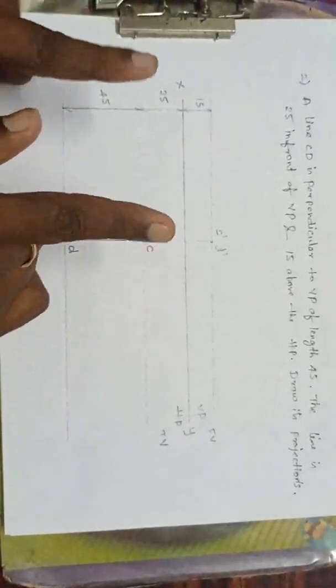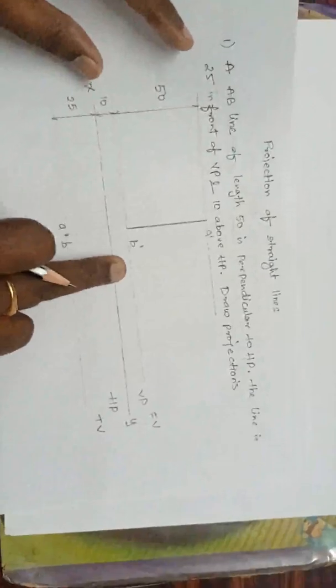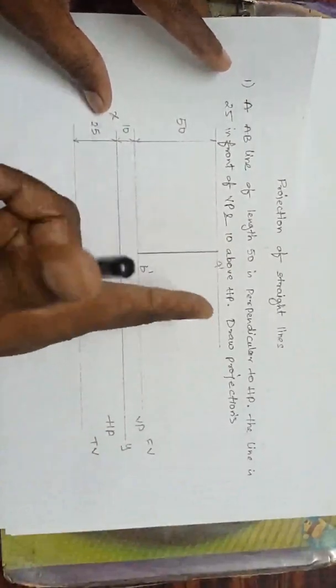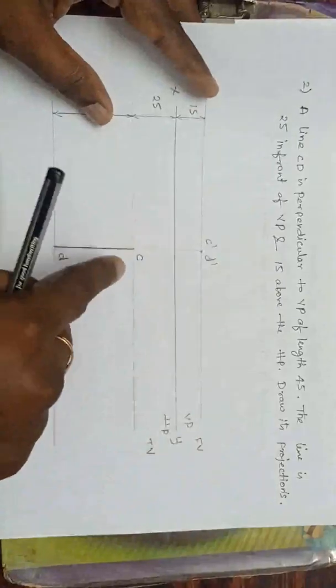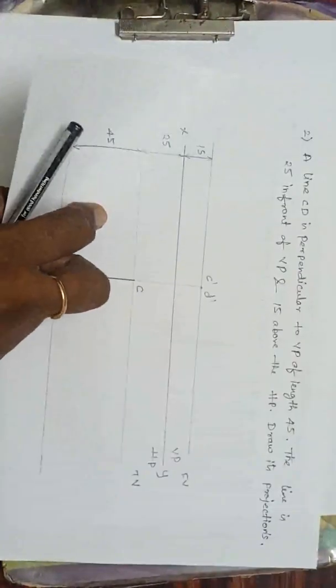So these are the projections if the line is perpendicular to HP and VP. We have studied that if the line is perpendicular to HP, I can see the complete line on the VP. That is reverse. Now, if the line is perpendicular to VP, I can see the complete line in the HP. Now let us come to another point, that is if the line is inclined.